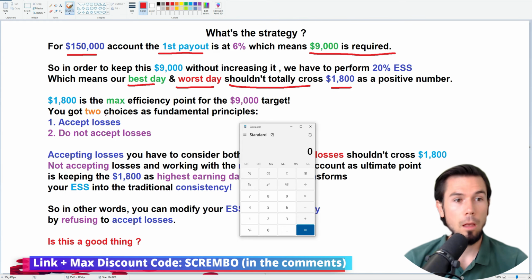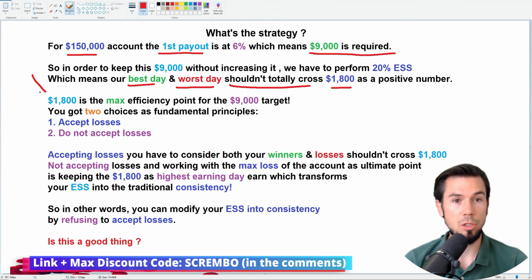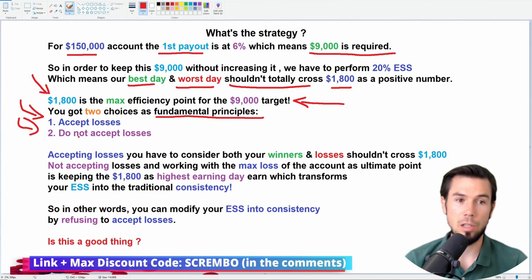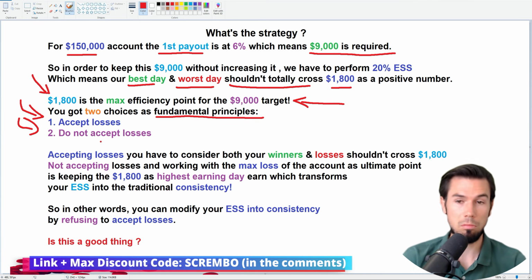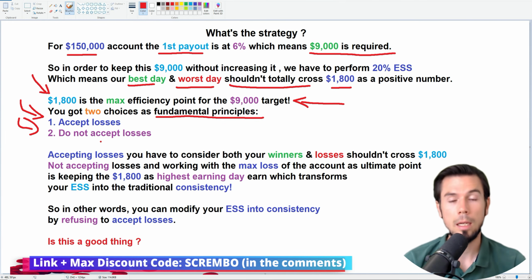Now, if 1,800 is the max efficiency point for the 9,000 target, then you've got 2 choices as fundamental principles. One, accepting losses. The second choice, not accepting losses. I'm actually not trying to tell you not to accept losses, but we've got these 2 principles, accepting losses or not accepting losses.